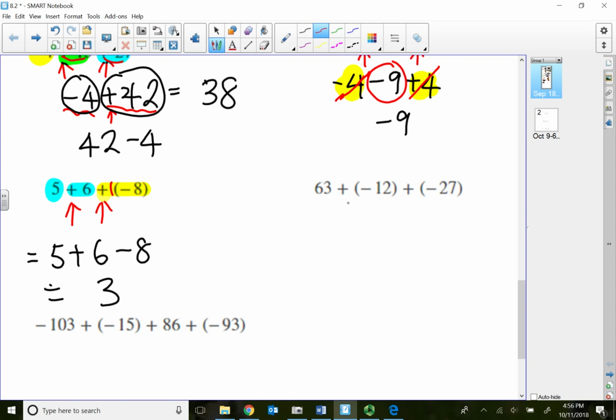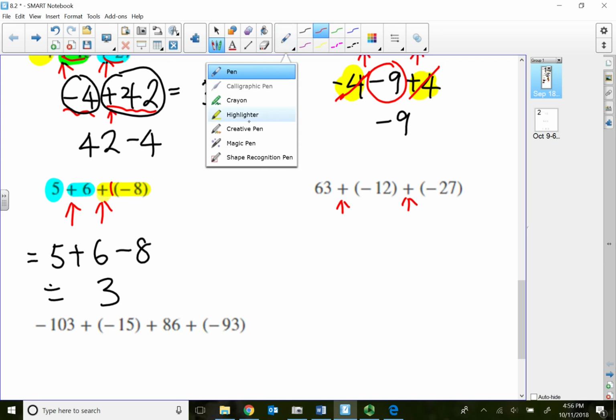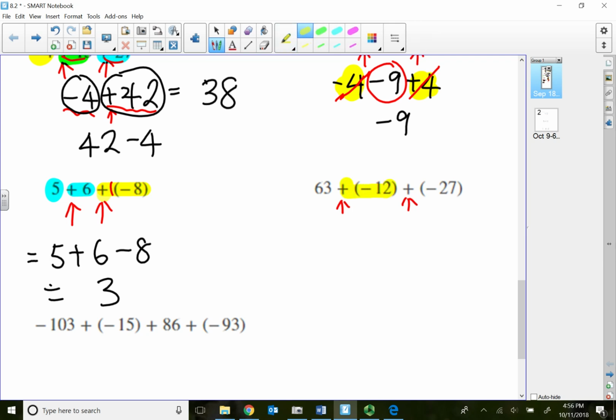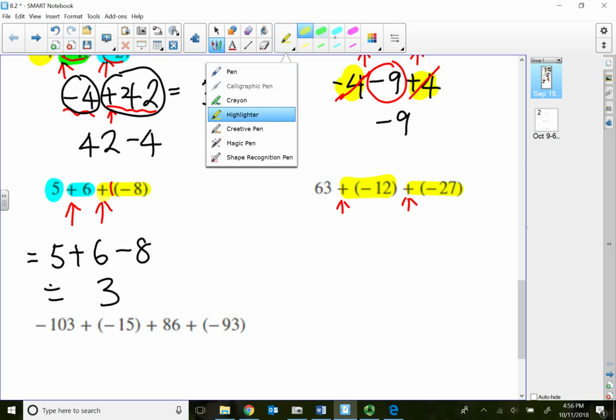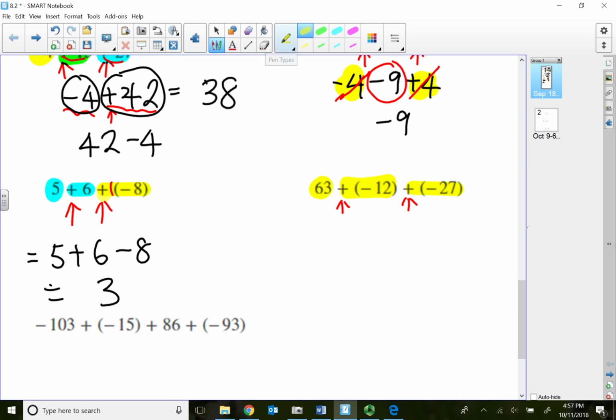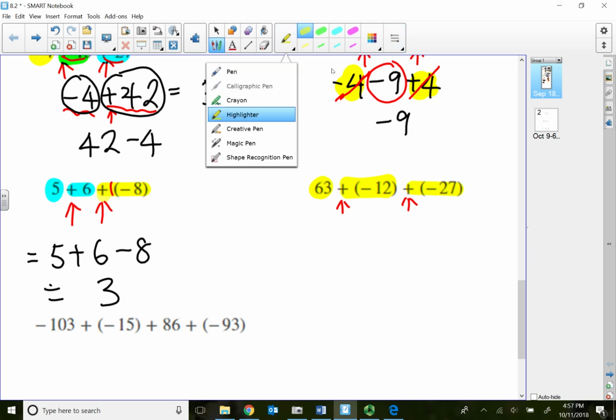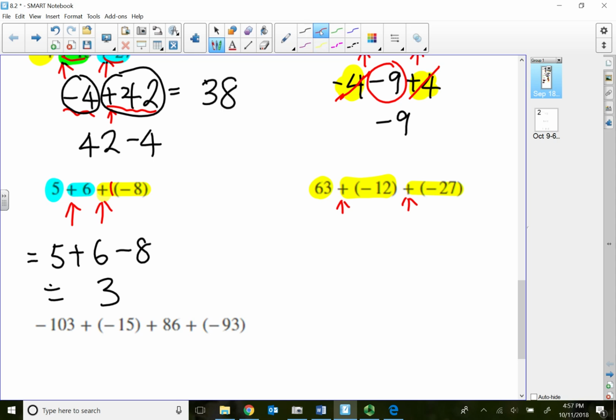All right, this one on the right, plus sign outside the parenthesis. My second term and my third term both have two signs. So let's make them each one sign. My second term is really +1 times -12, which is just -12.